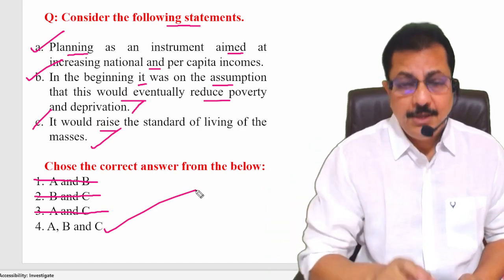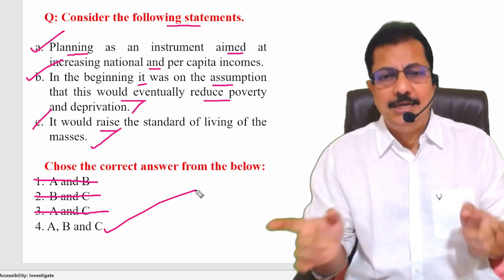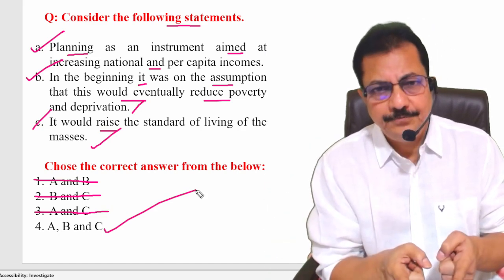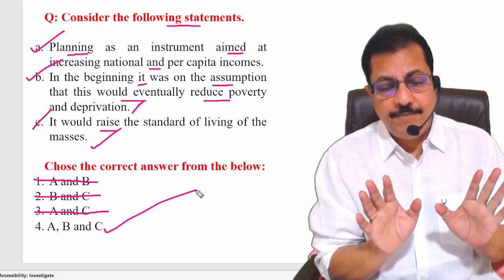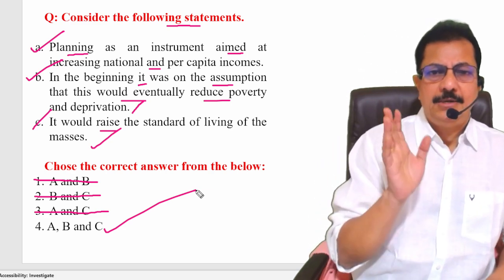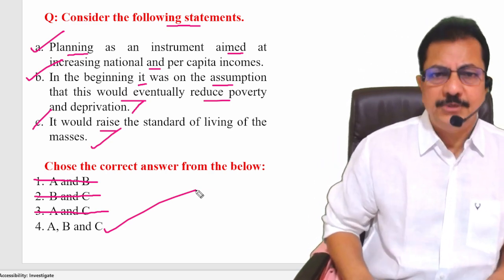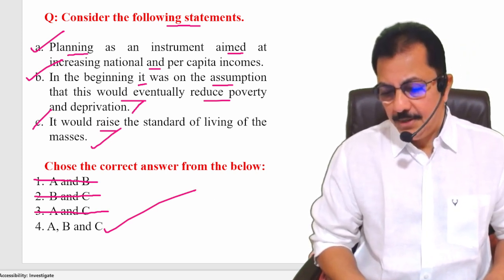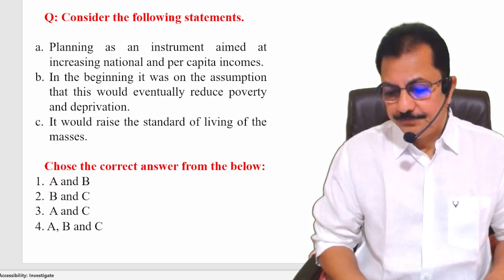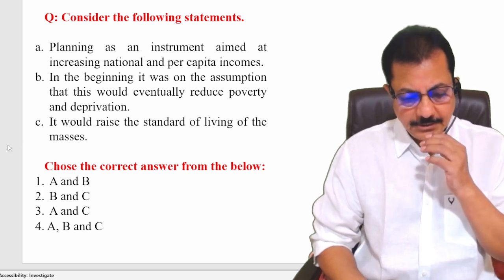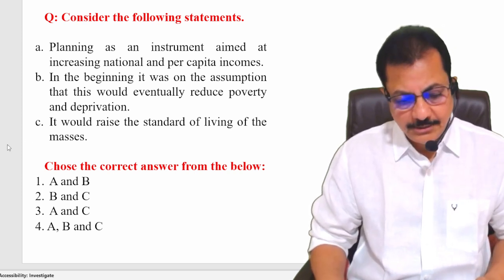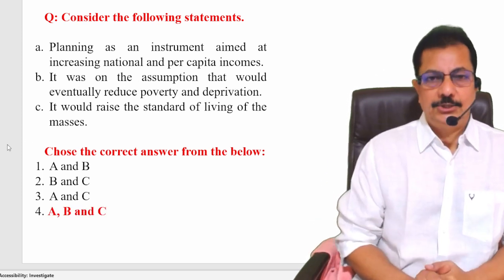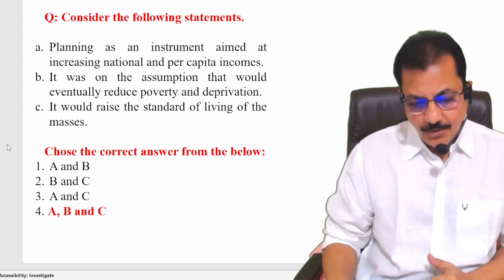I repeat, don't think anything else when you are reading this question. Am I clear? Fine. Very, very important for all the people who really want to be successful in the examination. Right? So, what is our answer? Option 4 is our answer, and it is the correct answer. That's it. Now let's go ahead.